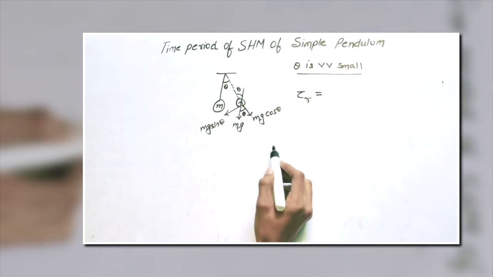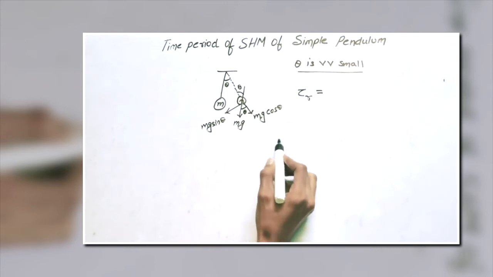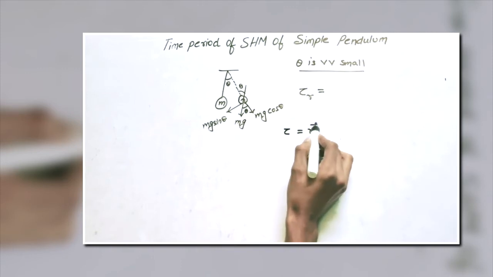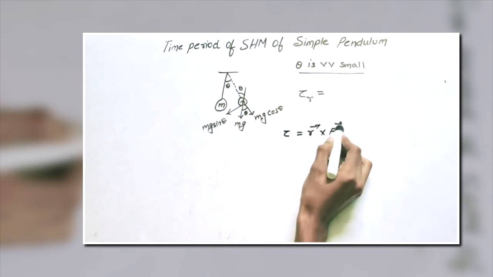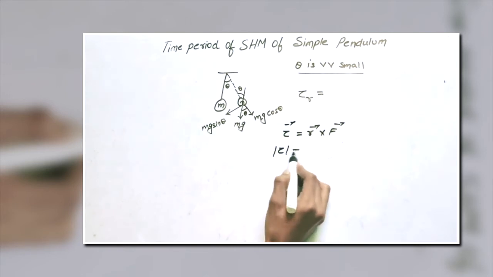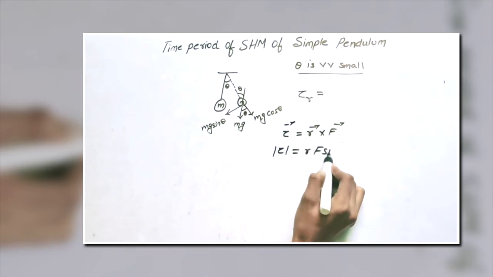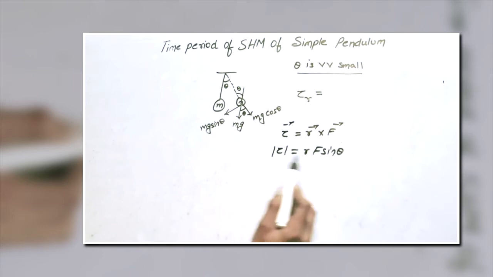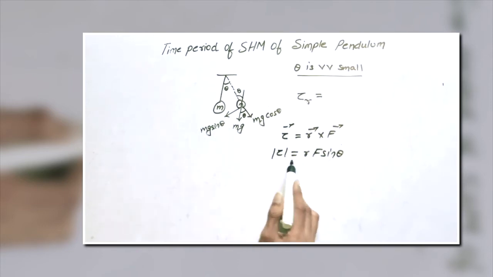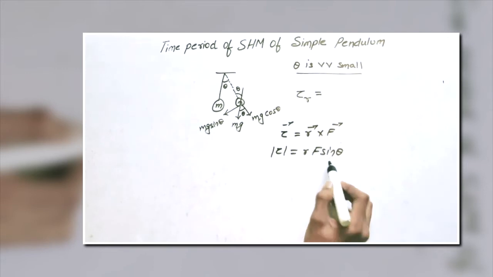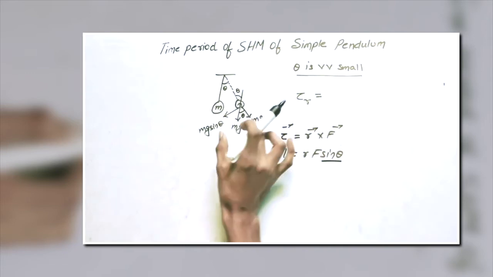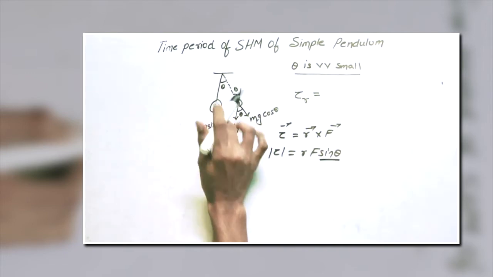Now in rotation, you have studied that torque is equal to r cross F, the torque vector. So the magnitude of torque is rF sin theta. Here the angle is 90 degrees, because r and the force are perpendicular to each other.